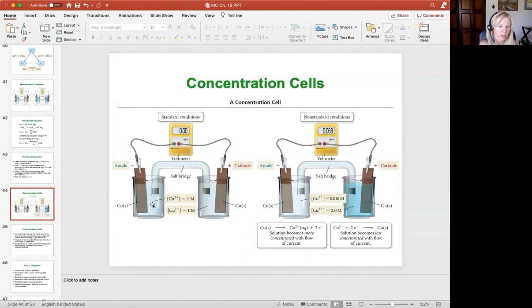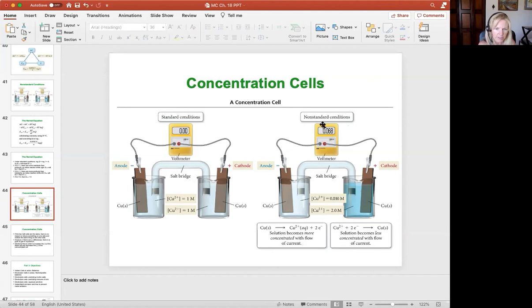So if I had a 1 molar and a 1 molar, there would be no current happening here because this is at equilibrium. But if I change my concentration slightly between the anode and the cathode, now I'm going to see a change in my cell potential. I'm going to see a small potential here. And that's being driven solely by that difference in concentration.